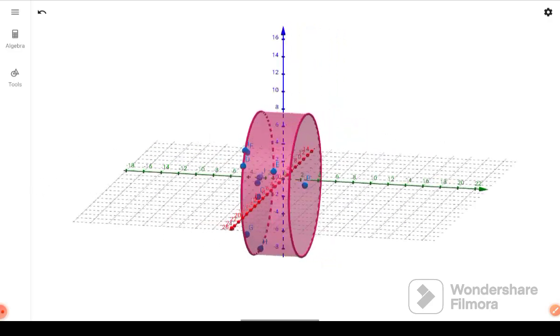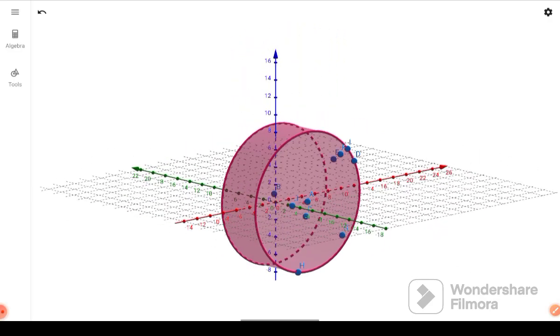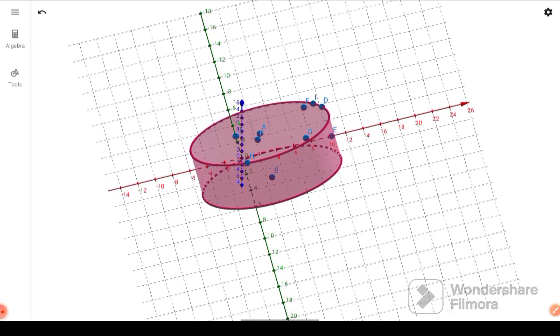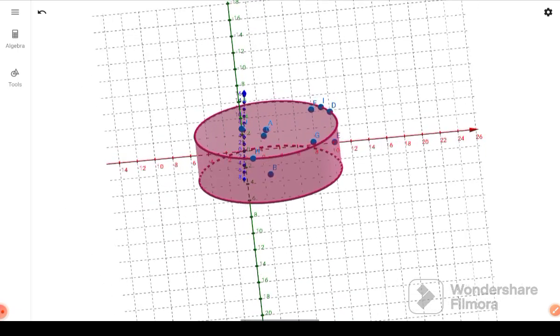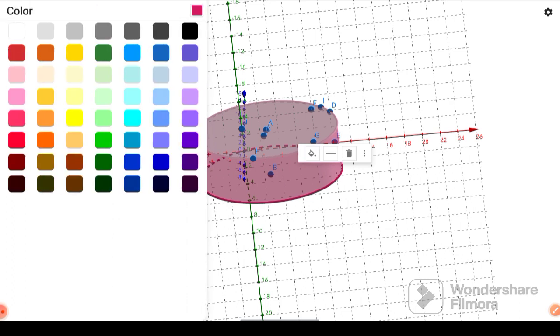Okay, so here curved surface area and total surface area. See this. First we'll discuss the plane faces, that means the top face and the bottom face, then curved surface and total surface area.